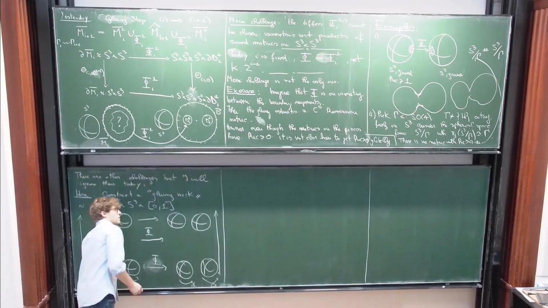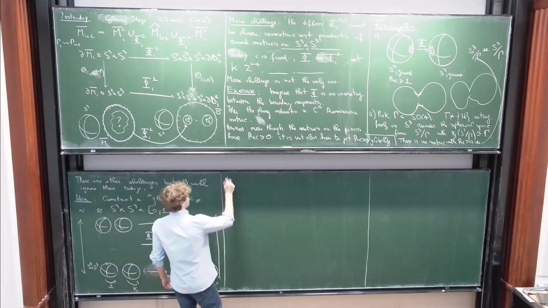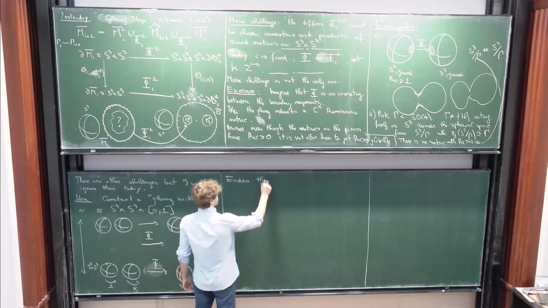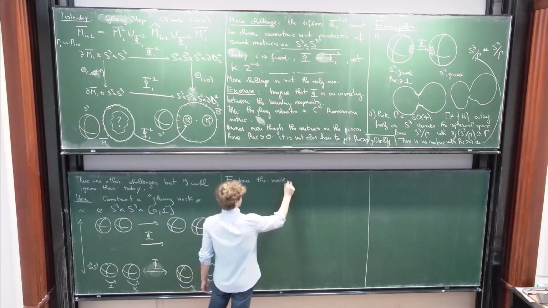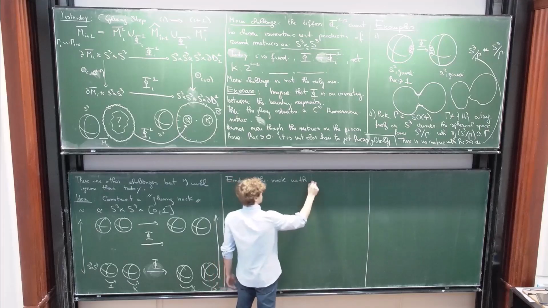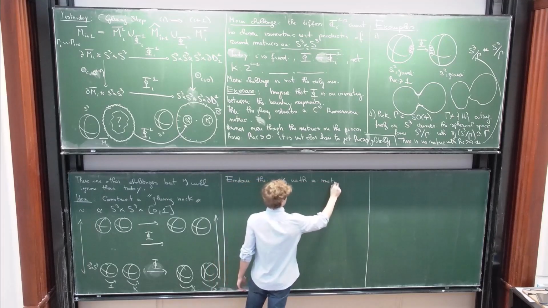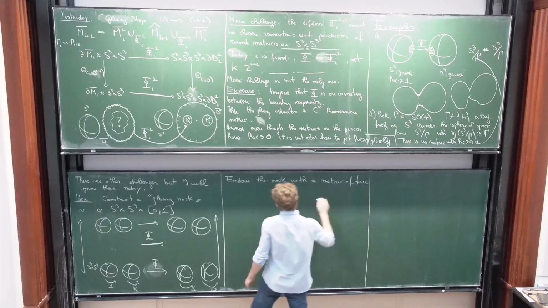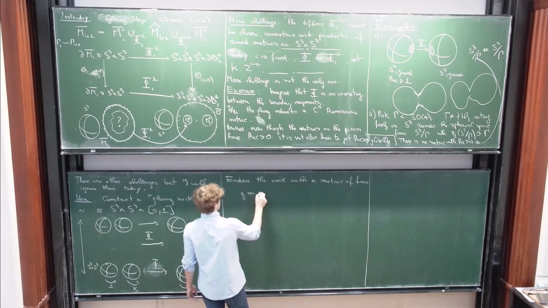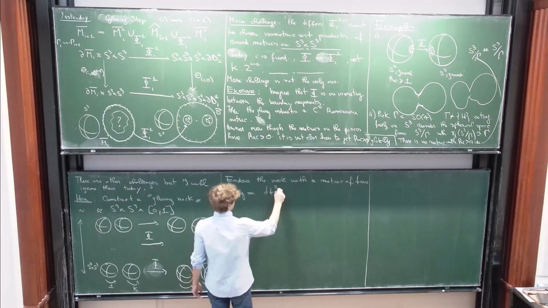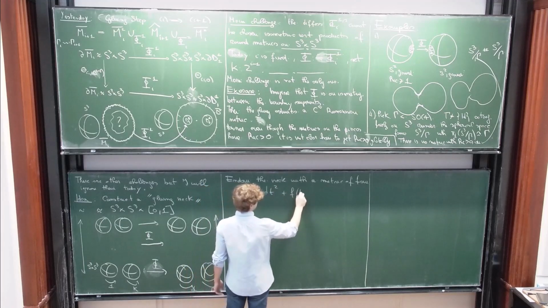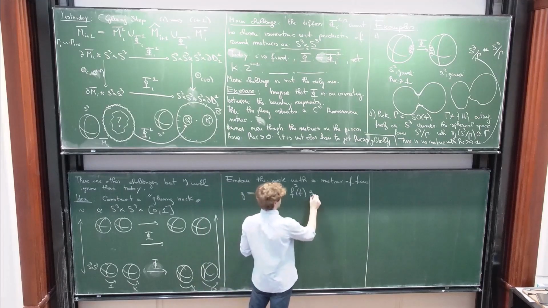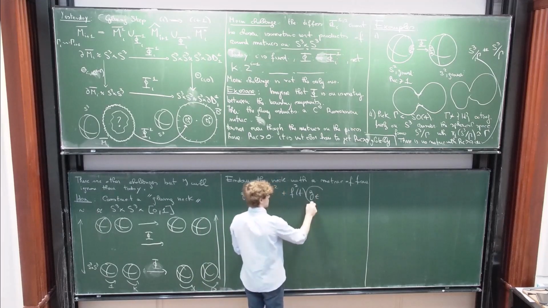Now I would like to endow the neck with a metric of the form g equals dt squared plus some rescaling function that I'm going to call f times a family of metrics g_t.